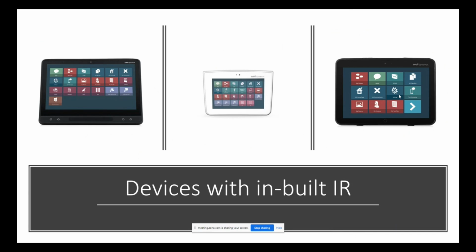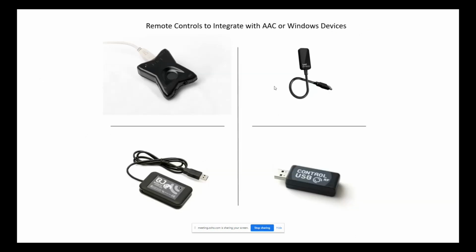So you can start programming in remote controls for TVs or for radios or whatever it may be without having to add anything extra. If you are using maybe not one of those devices, if you're using maybe a laptop or a Windows computer or tablet or something like that, you may need to add an additional piece of hardware to send those signals.